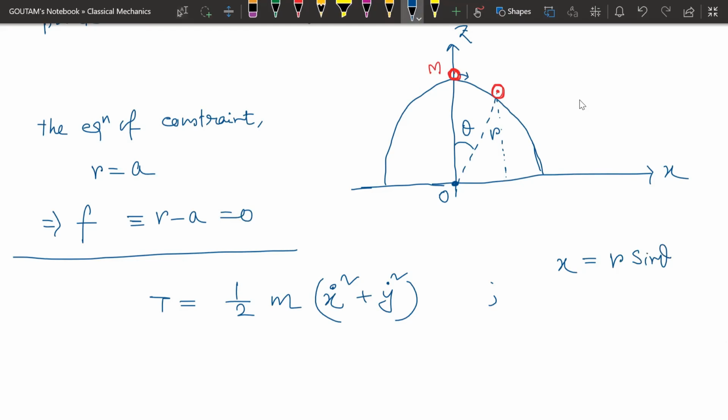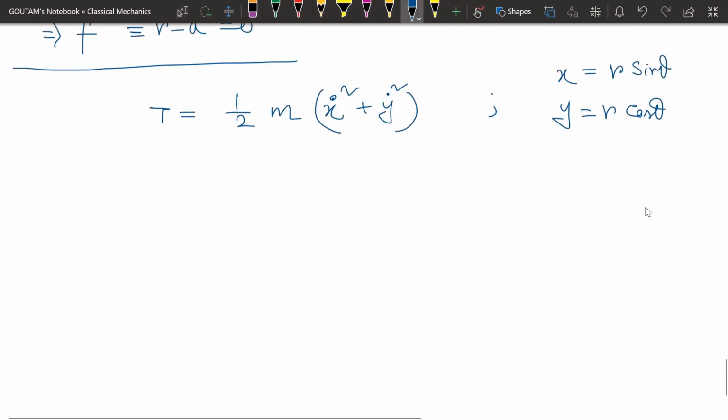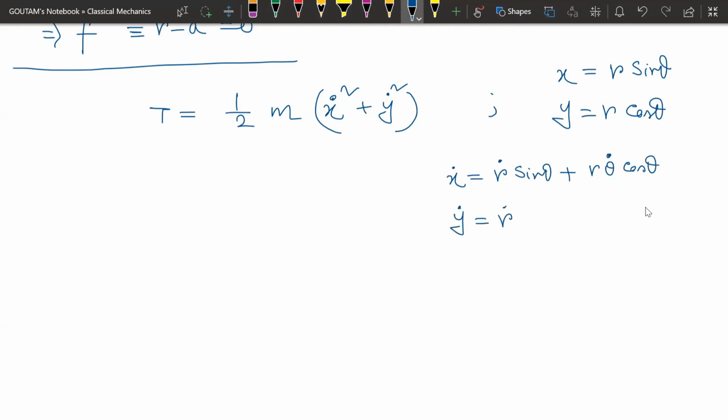Because this angle is theta and this angle will also be theta. This projection will be r sine theta, and the y component will be r cos theta. So x dot will be r dot sine theta plus r theta dot cos theta, and y dot will be r dot cos theta minus r theta dot sine theta.